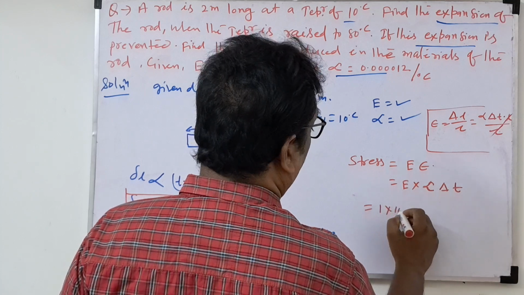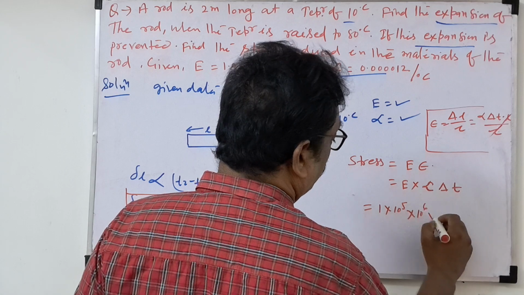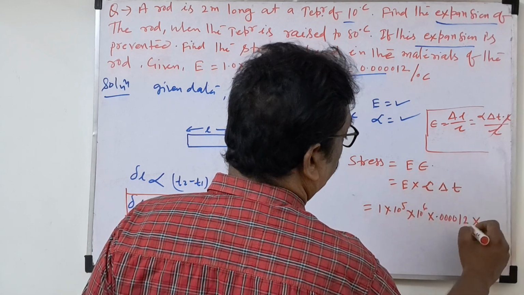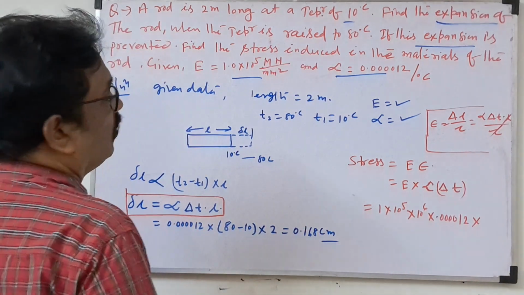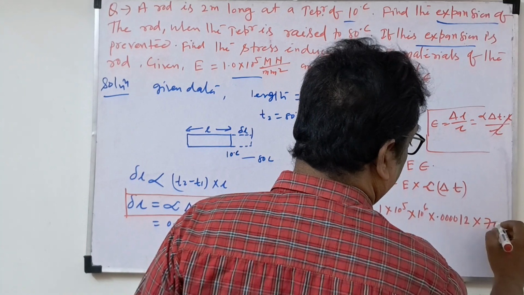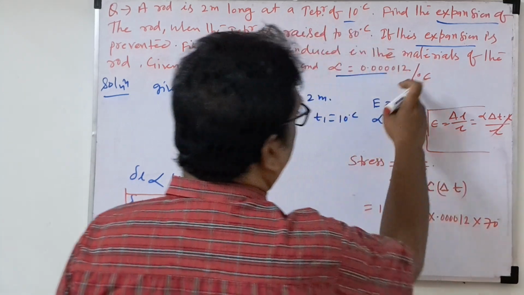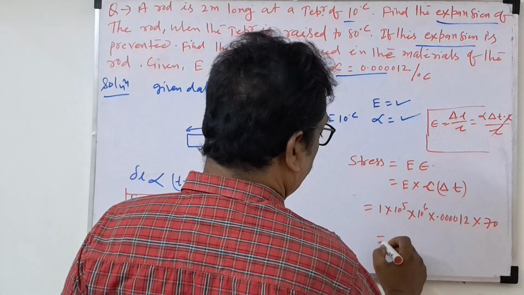E is 1 into 10 power 5 mega Newton per meter square, so into 10 power 6, into alpha 0.000012, into the change in temperature. How much is the change in temperature? 70 degrees Celsius. Since it is per degree Celsius, the unit will come as Newton per meter square.